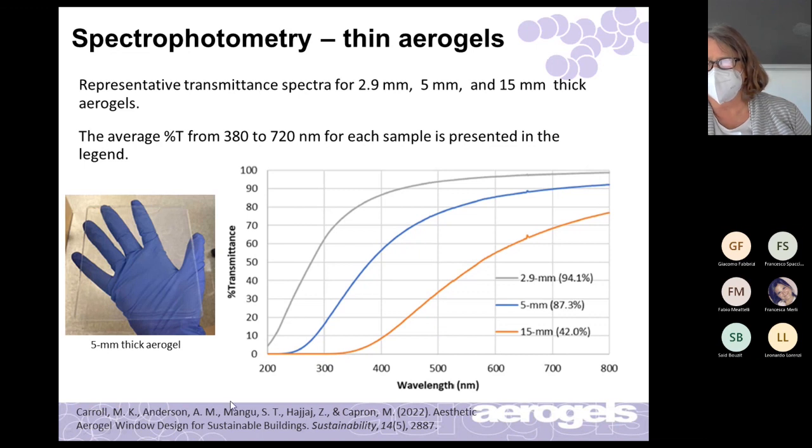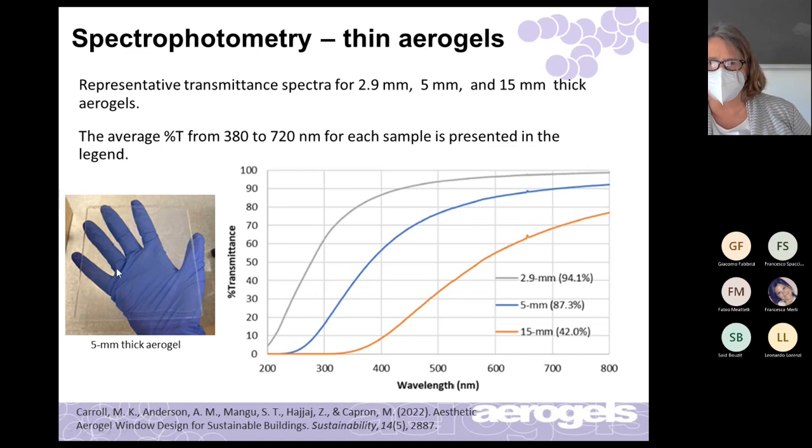Now these two were made with a different chemical recipe than this one, so in addition to path length, we have chemistry going on here. We use more catalyst here, and this is the 5 millimeter thick one. You can see it's very transparent.